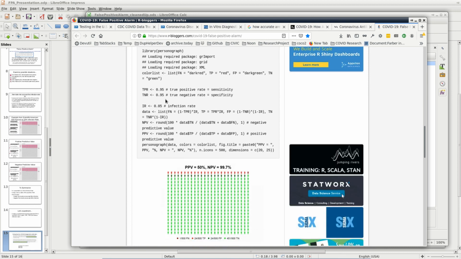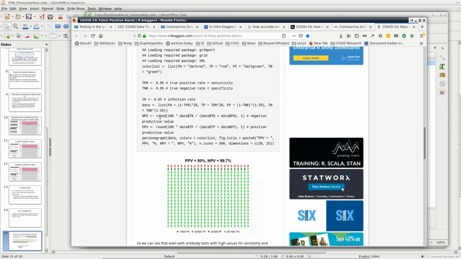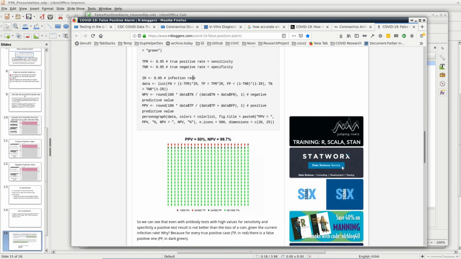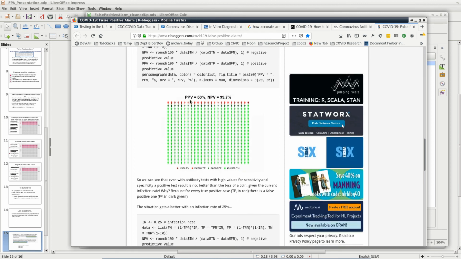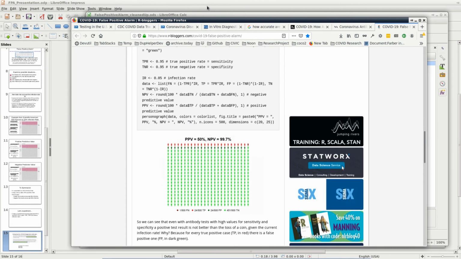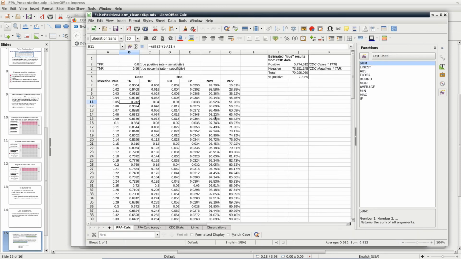You give it the true positive rate, true negative rate, and infection rate, and it generates everything. You can look at that if you want the nitty-gritty details, but it's just what I showed you in that example. It breaks down a given infection rate into true negative, true positive, false negative, false positive, and then does the computations to give us the various predictive values.